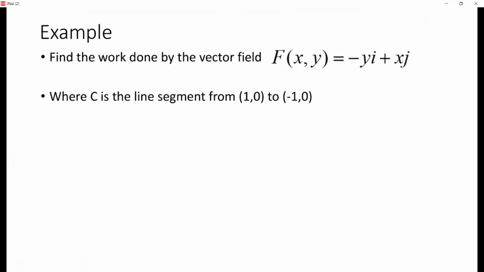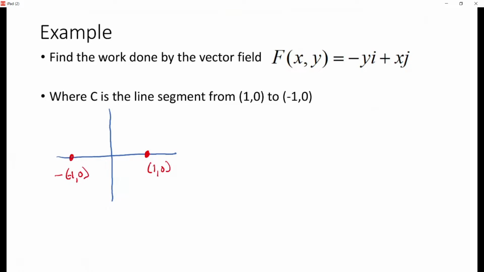Okay, let's do the same thing, but now we have a line segment. This is exactly the same problem. So I want the work done by this vector field, but now I'm going to go with a line segment. So let me just sketch the situation. And here, I'm starting here, 1, 0, ending over here, -1, 0.